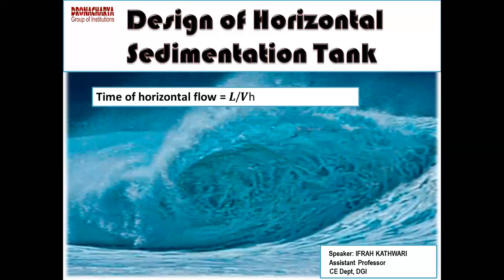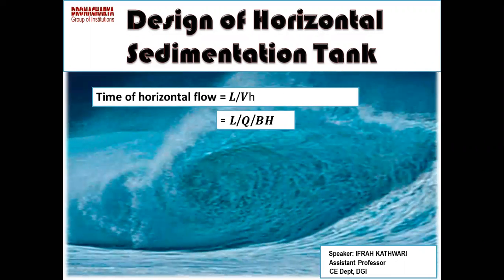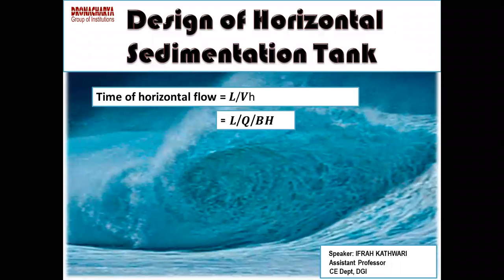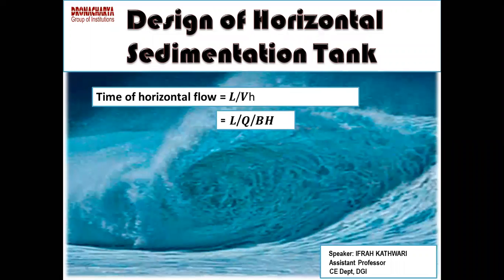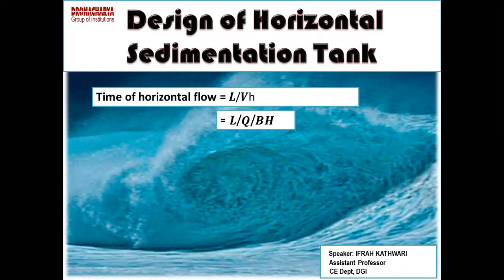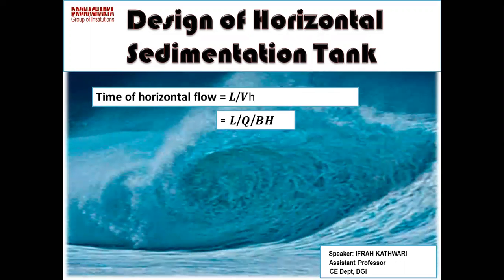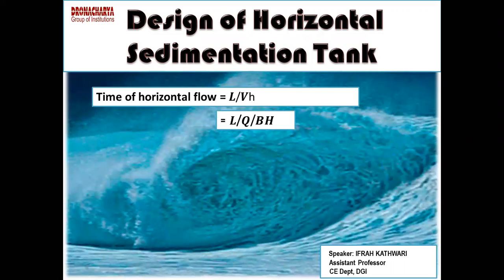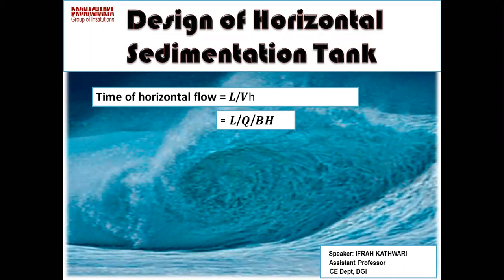What's VH? VH is the horizontal velocity. This horizontal velocity is equal to discharge upon B into H. It's the normal formula that we use for velocity, that is, discharge upon area. B into H, where B is the width of the tank, and H is the depth of water. Okay, moving on.